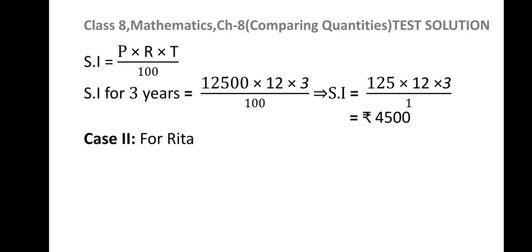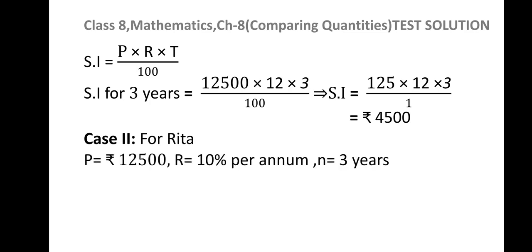Case 2, that is for Rita. Principal is 12,500, rate is 10% per annum, n is equal to 3 years, and we know the compound interest. To find compound interest, we need to find the amount first. So amount is given by, amount is equal to principal bracket 1 plus r over 100 raised to the power n.